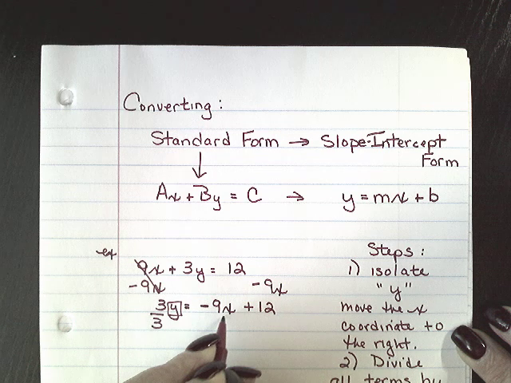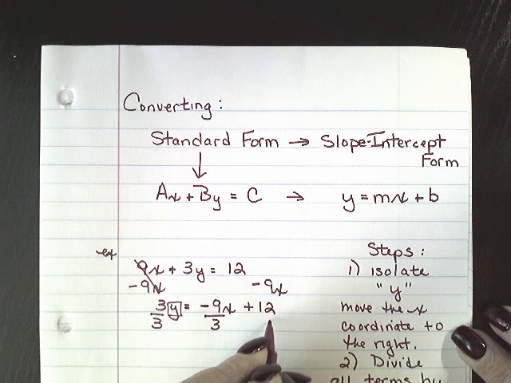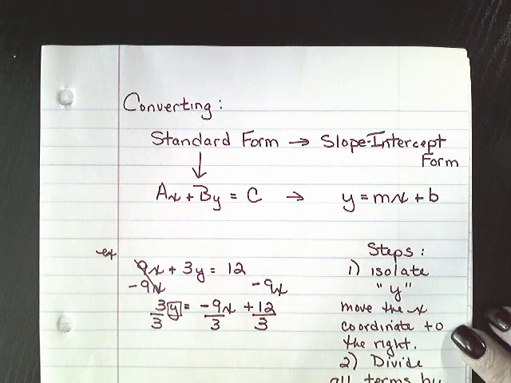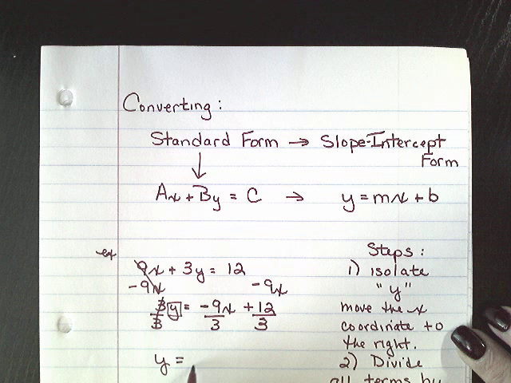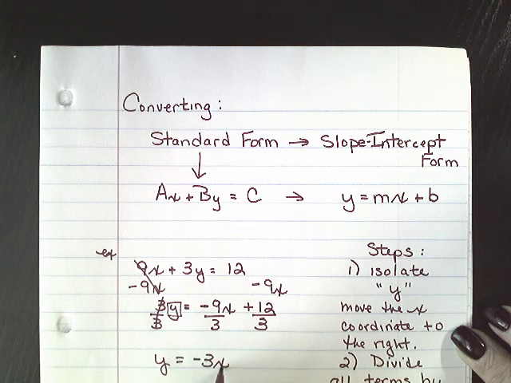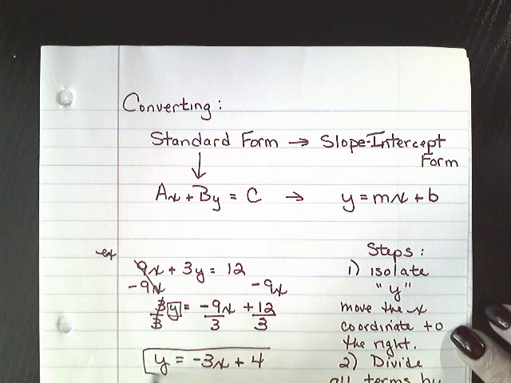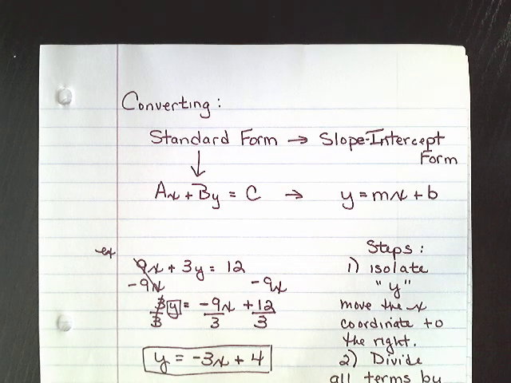So divide by 3, divide by 3, divide by 3. They cancel. We end up with y equals negative 9 divided by 3, which is negative 3x, and 12 divided by 3 is 4. So now we have gone from standard form into slope-intercept form.